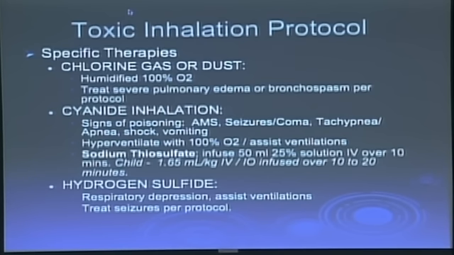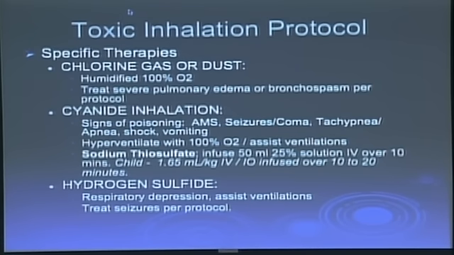If you think you have a possible exposure, you've taken a person out of a fire, you have the patient still comatose, they've had seizures, their SpO2 looks like you've got it at 99, and they're ventilating well, you're ventilating them well, you've got 100% oxygen, and they still have altered mental status and these symptoms.